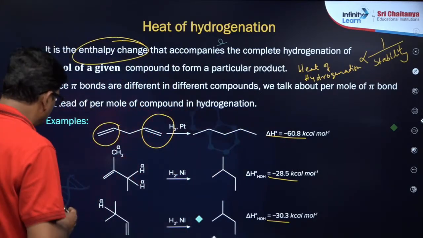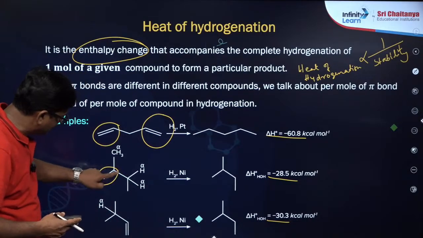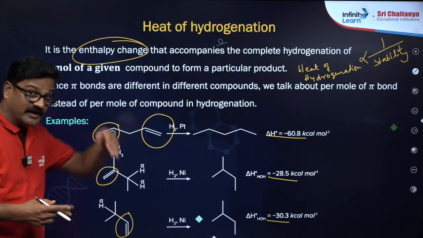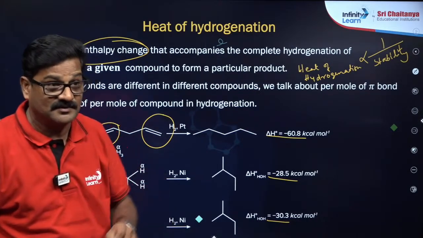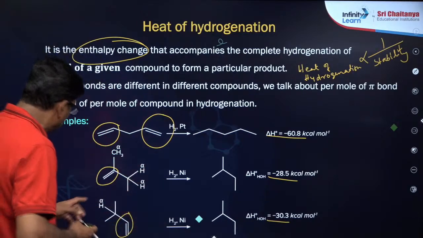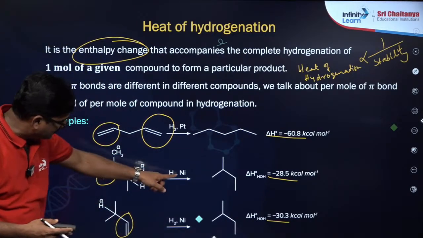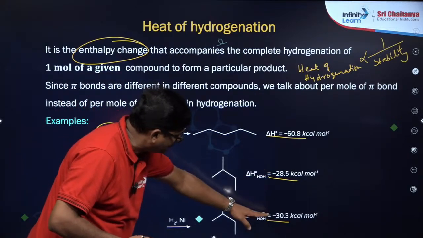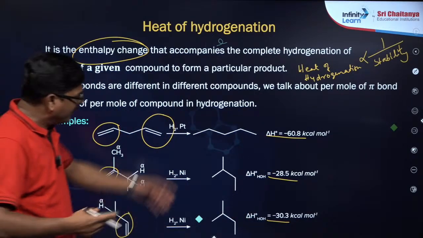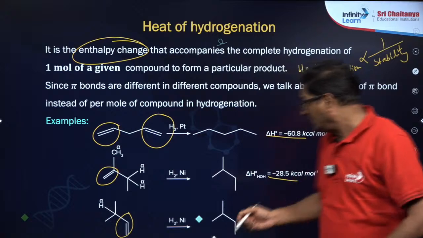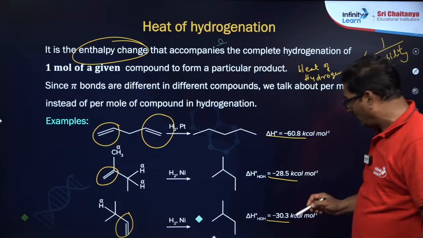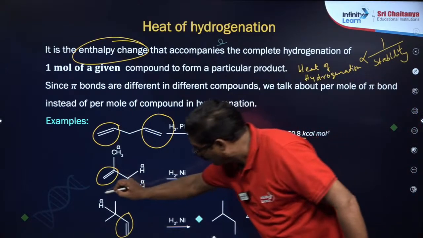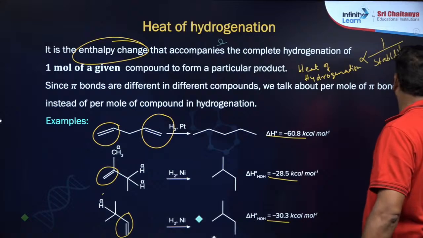And one more point, here only 1 double bond is there, so we are getting into the details of alkenes, right? So 1 double bond is there, if hydrogen is added, minus 28 is given, minus 30 is given. So why here is it minus 28, why here 30? Because this has only 1 alpha hydrogen.